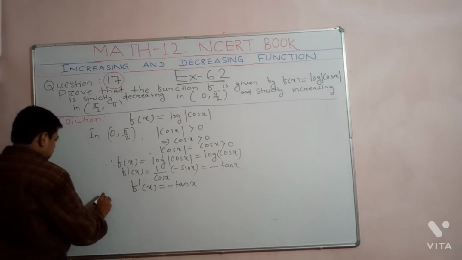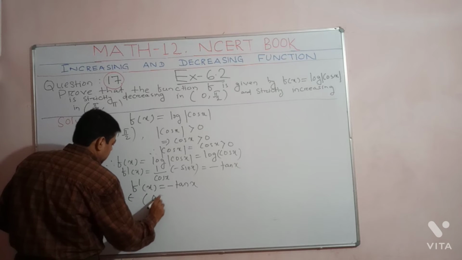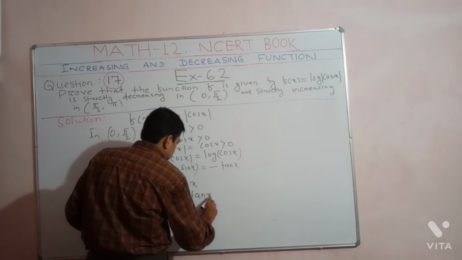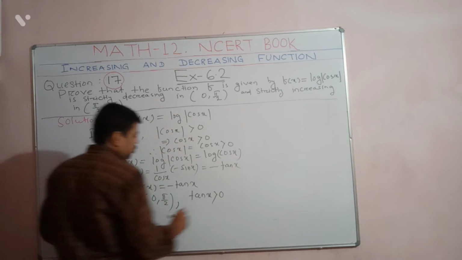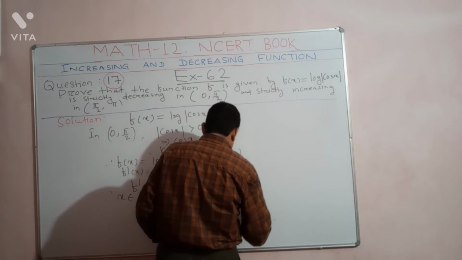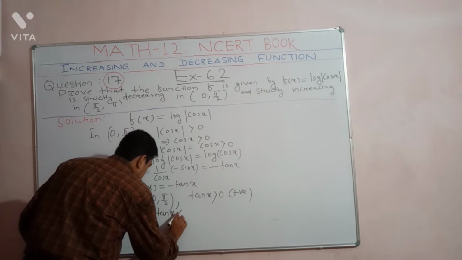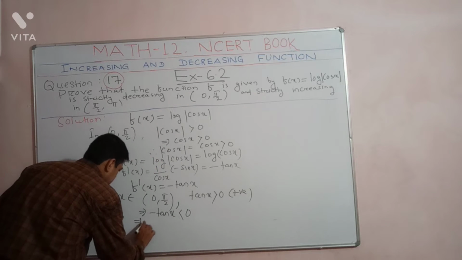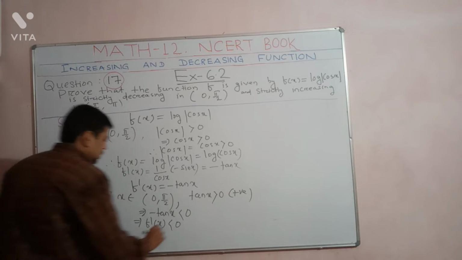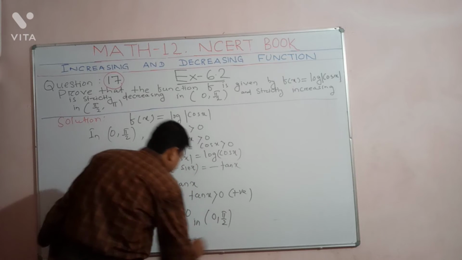Since x belongs to 0 to pi by 2, in the first quadrant, we know that tan x is greater than 0, tan x is positive. Understand? So that implies minus tan x is less than 0. It means f dash x is less than 0 in the interval 0 to pi by 2, in the first quadrant.